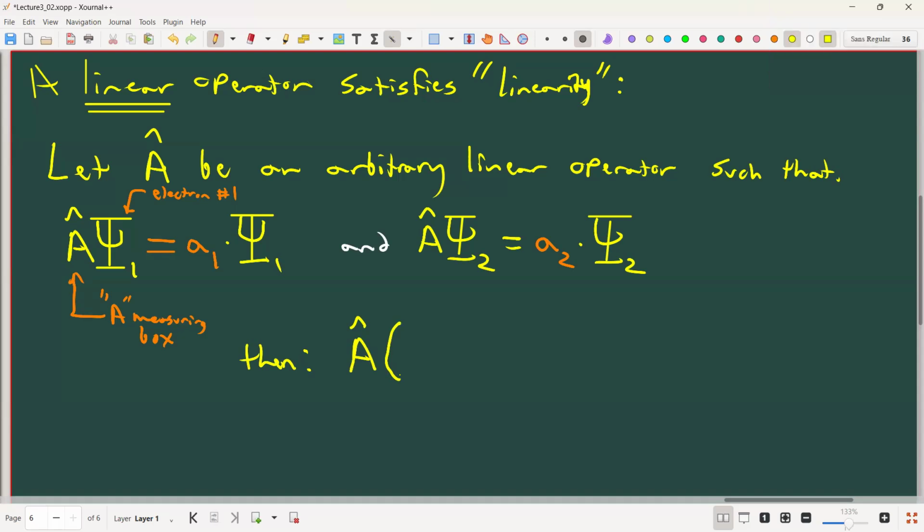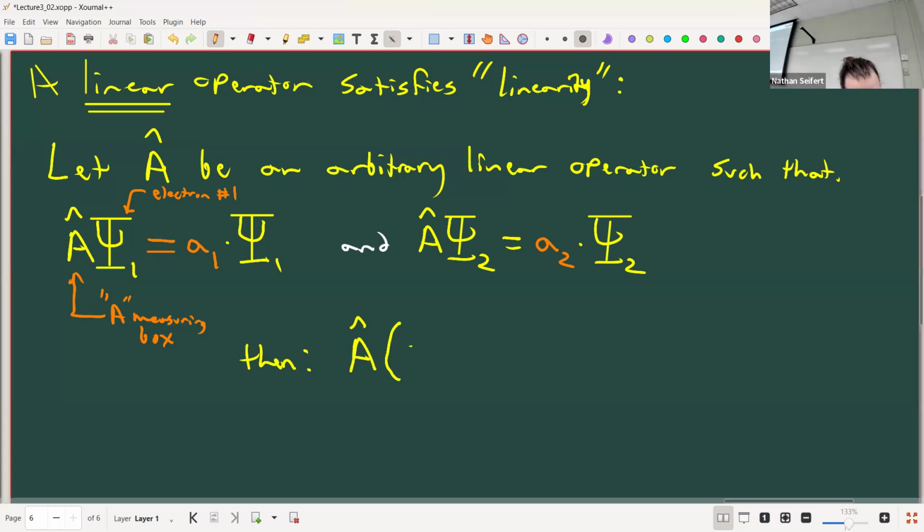Then A applied to the combination of them, C1 psi 1 plus C2 psi 2, right?